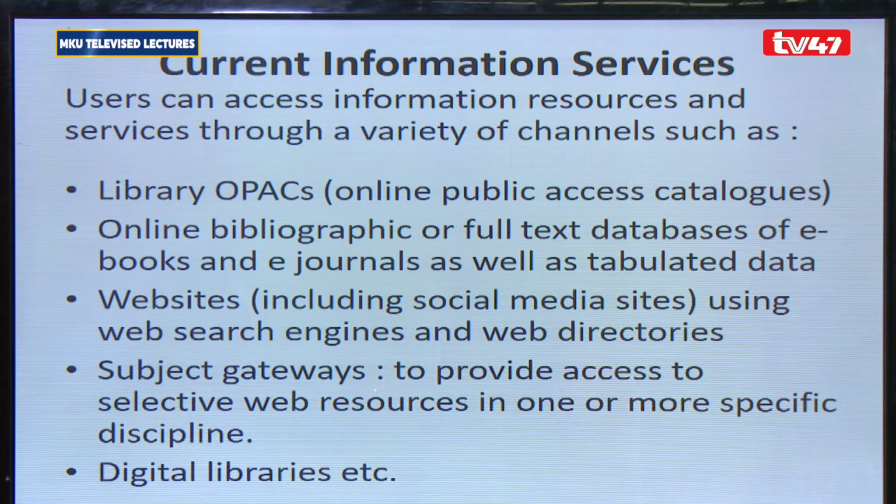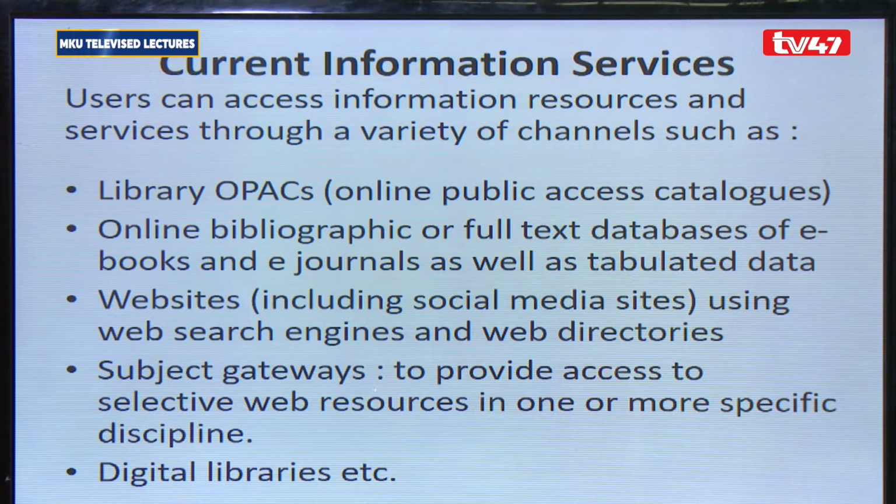Access to information services, current information services. Users can access information resources and services through a variety of channels. For example, libraries have OPACs, that is online public access catalogs.